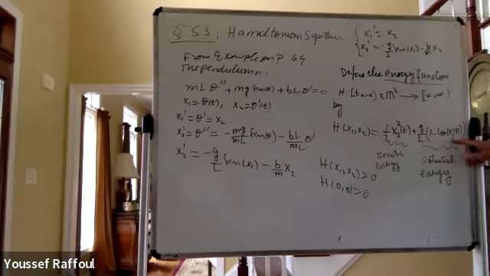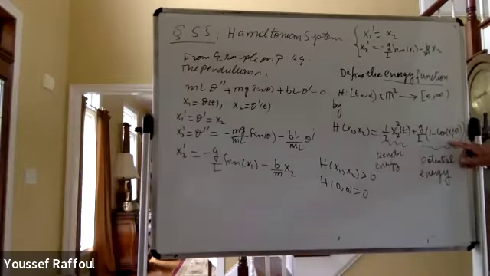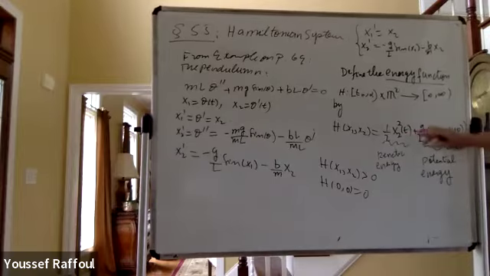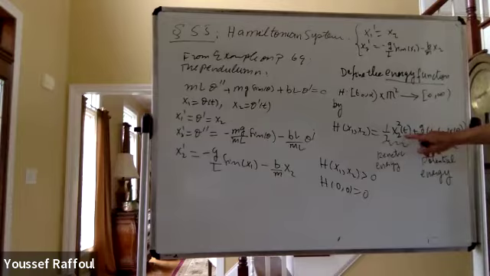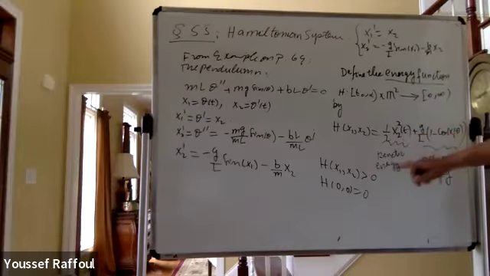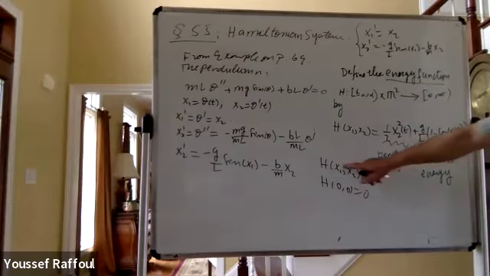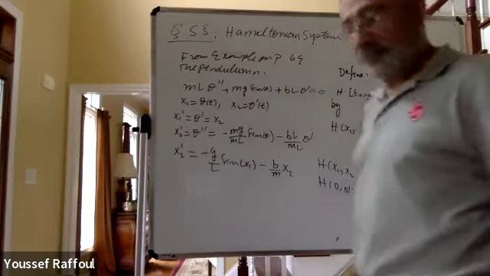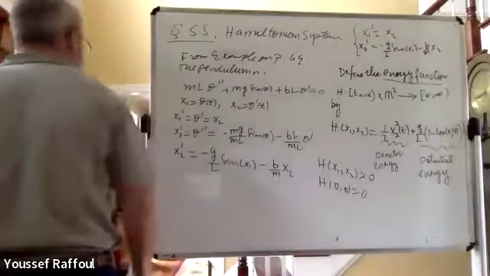Because cosine x1 is always either -1 or 1. So in either case, if it is 1, you will get 0, and you'll get x2 squared here. If both are 0, cosine 0 is 1, 1 minus 1 is 0, so H of 0, 0 is 0, and H of x1, x2 is always positive, except at 0, 0.